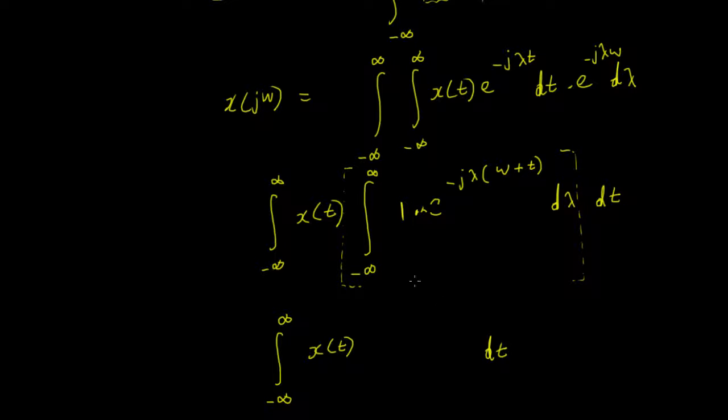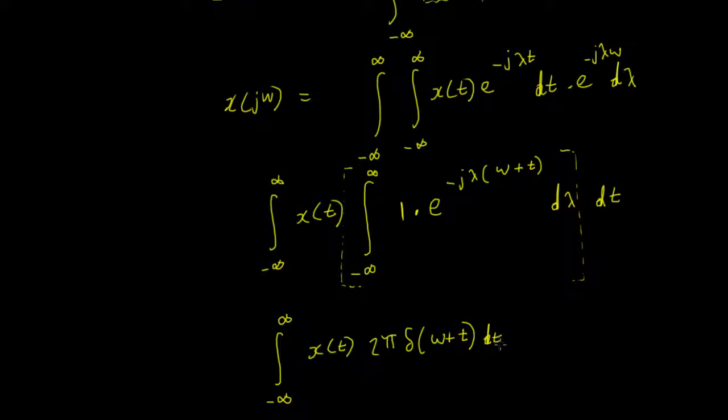Now everything inside this bracket can be written as, and I'll explain this after I've written it, but you may well notice it if you looked at the previous videos, 2 pi delta of omega plus t, by dt.